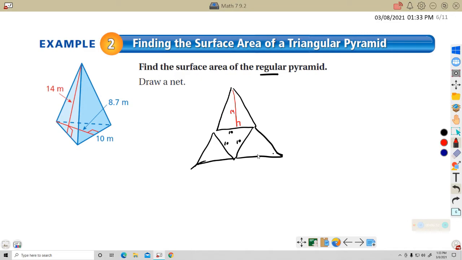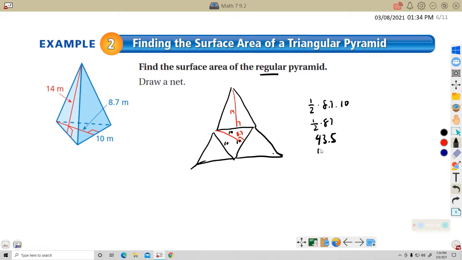Okay, so we have two different triangles we have to figure out here. Let's do the base first. Now the base, they're telling us, has a slant height of 8.7. So let's do that one first. That's going to be 1/2 times 8.7 times 10. So it's 1/2 of 87, and 1/2 of 87 is going to be 43.5.